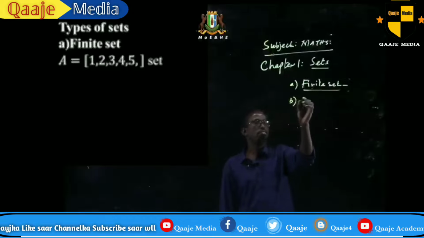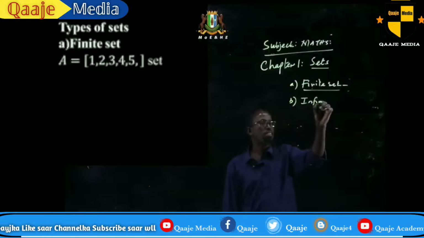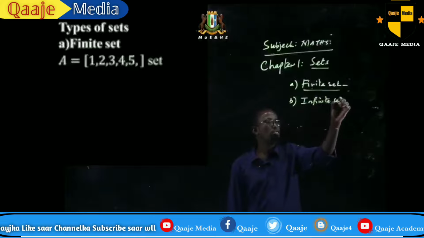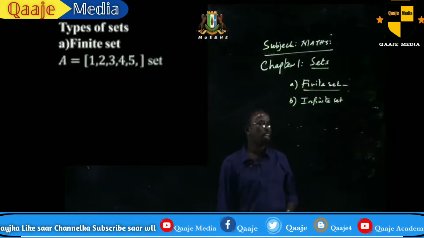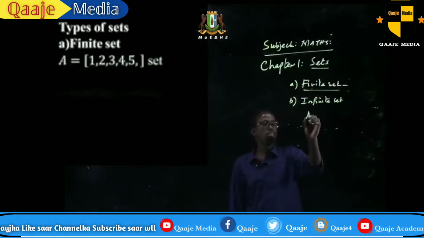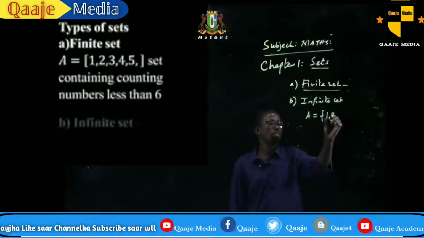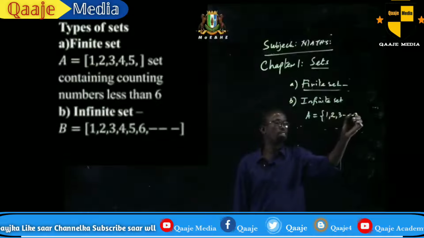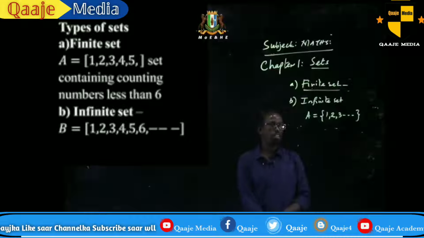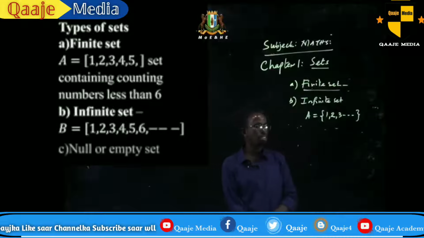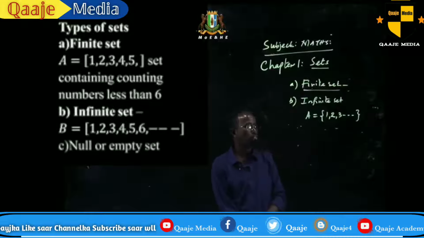B, we have the infinite set. This one contains an unlimited number of elements. For example, you can write 1, 2, 3, and so on. So this is our second type of set.